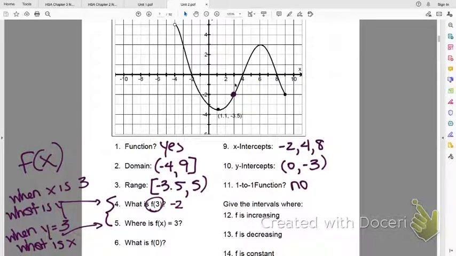So if I'm looking at 3, there's actually going to be 2 answers to this. And sometimes you may want to draw this in yourself so that you don't miss these. If I draw in y equals 3, there are 2 different places that intersects. Right there and right there. So what are my answers for 5?